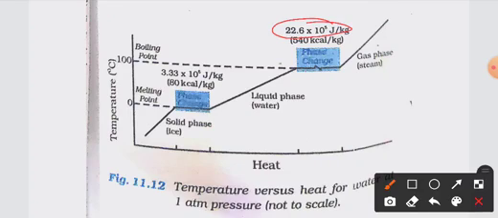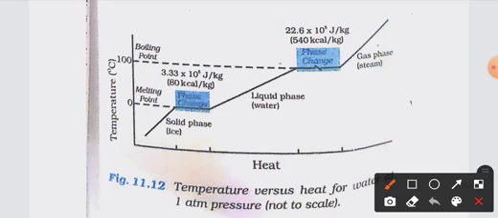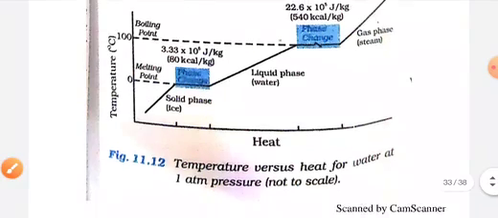That means latent heat of vaporization and latent heat of fusion are different. They are not the same. For converting the liquid phase to gas phase, the heat given will be different, and this is given by 22.6 into 10 raised to power 5 joule per kg. Then again, if we give heat, it will increase the temperature of the gas.